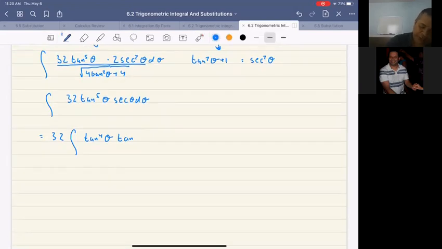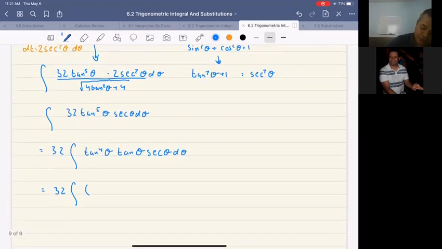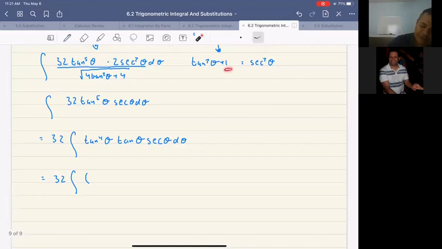I'm pulling out one of the tangent of thetas. Why? Because this is the derivative of secant, right? Tangent to the fourth is secant squared theta minus 1 squared.